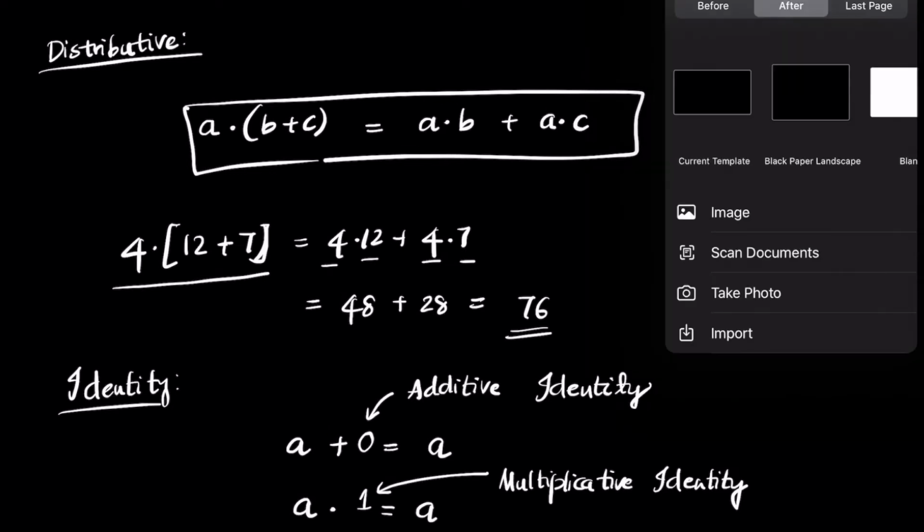In the same way, let's discuss the last property, which is the inverse property. The idea here is what number should I add to a so that I get the identity. Here the number is minus a.